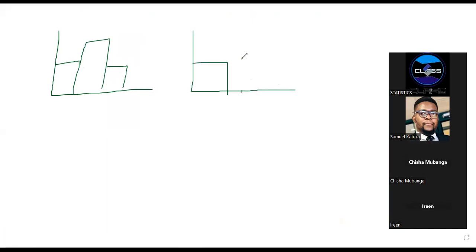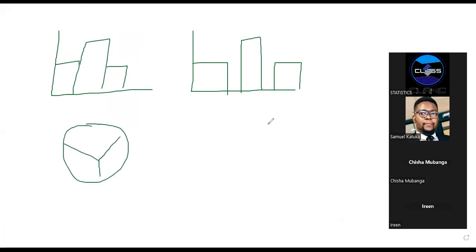We also looked at the bar chart, which had discrete data, which was separate. We also looked at a pie chart, for those of us who buy pizza, you know that it's in a circular form. We also defined a stem and leaf diagram and a box plot.